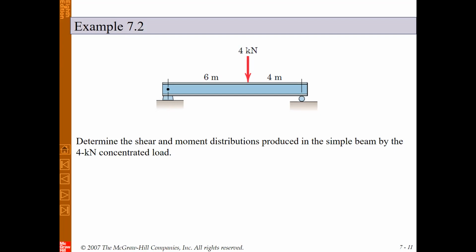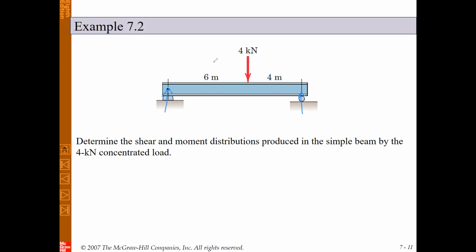So we have one concentrated force, 4 kilonewton, and the beam is simply supported, and we will have two reactions. Since there is no external force in horizontal direction, we will have only one reaction in vertical direction at the pin, and one reaction at the roller connection.